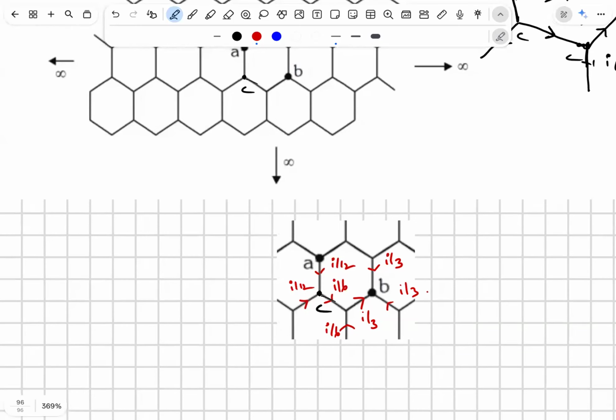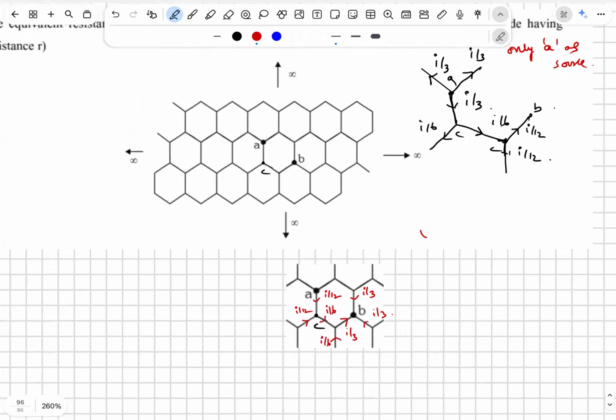Okay. Now superposition theorem states that VA minus VC, I by 3 plus I by 12, or VC minus VB.